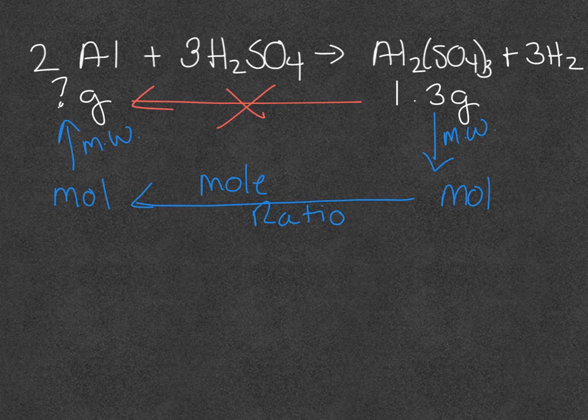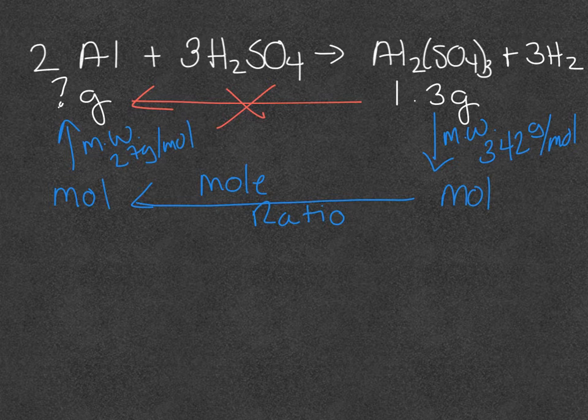In this problem, I'm not going to go through how we calculated the molecular weight; that can be in another video. The molecular weight of aluminum sulfate is 342 grams per mole, and the molecular weight of aluminum is 27 grams per mole.